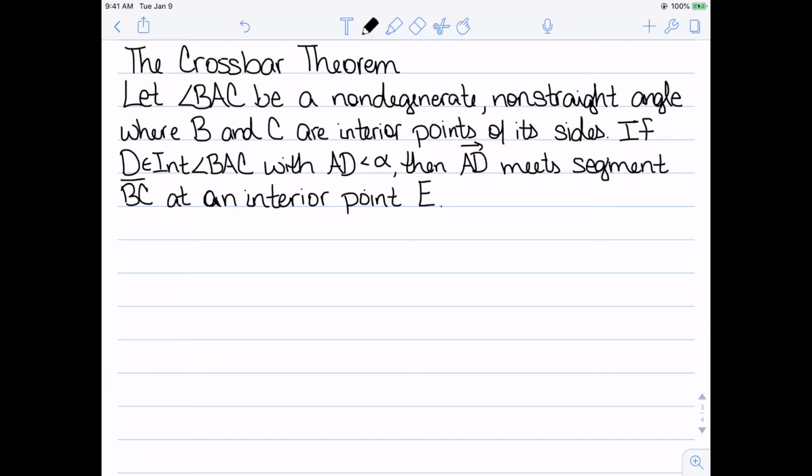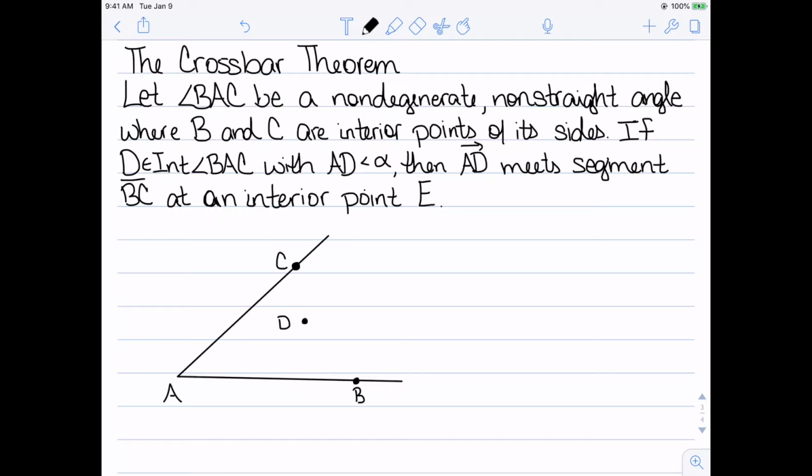The crossbar theorem says, let angle BAC be a non-degenerate non-straight angle, and B and C are interior points of its sides. If D belongs to the interior of this angle, where the distance between A and D is less than alpha, then the ray AD meets segment BC at an interior point E. While I won't directly prove this, I will draw a picture demonstrating what's going on.